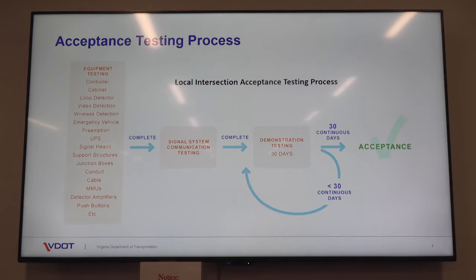That specific item's demonstration testing period lasts another 5 days past the rest of the other demonstration testing that's taking place. So once all items have gone through that 30-day demonstration testing period, the signal can be accepted into the system.